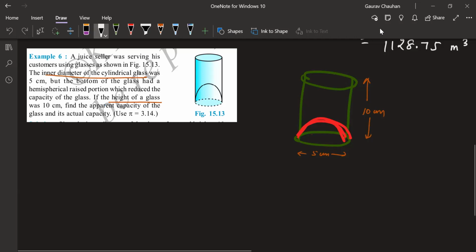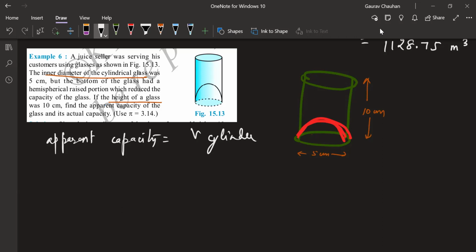So our apparent capacity is equal to the volume of the cylinder. We can find this: pi r square h. You write the mathematical part.